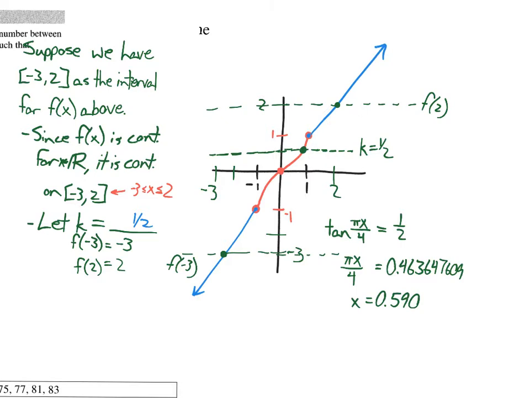The k has to be between the -3 and the +2, because those are f of -3 and f of 2. And in this particular function, it just happened to be -3 and 2 again. Okay, and that may be where the confusion is there.